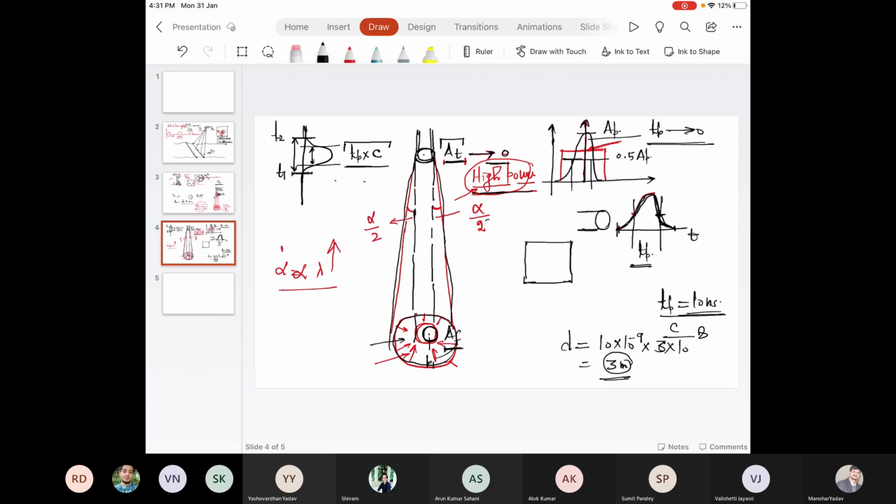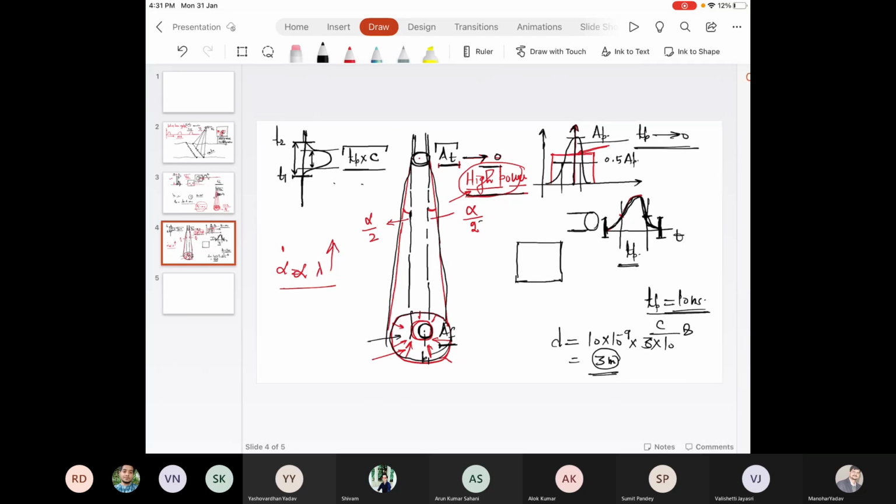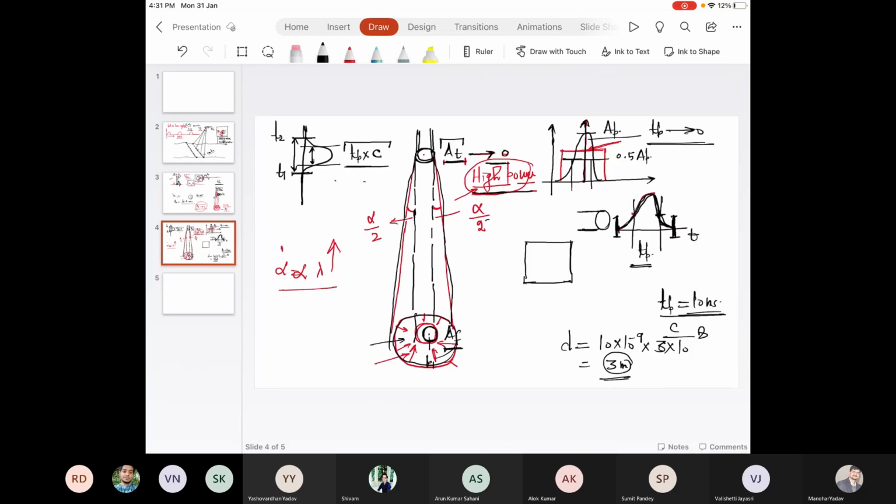Because see, the pulse starts leaving from this point and ends at this point, and length covered is 3 meter. So question is that when this pulse is leaving the laser transmitter, at which particular signal level the trigger should be generated.